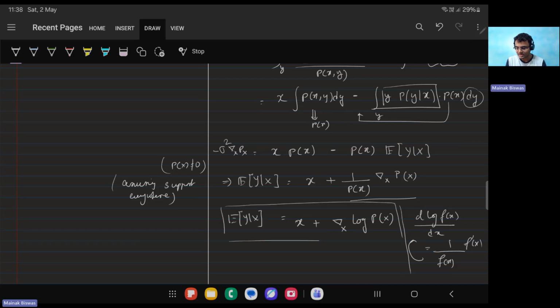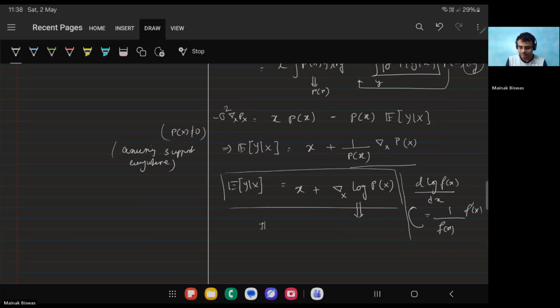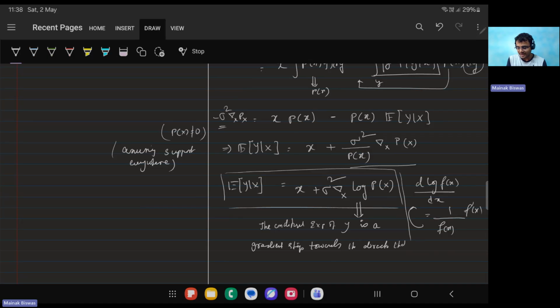So what you're doing is the conditional expectation of y, and there's a sigma square also. I forgot the sigma square. The conditional expectation of y is a gradient step towards the direction that maximizes likelihood.